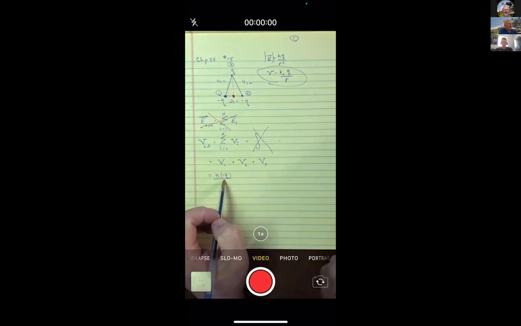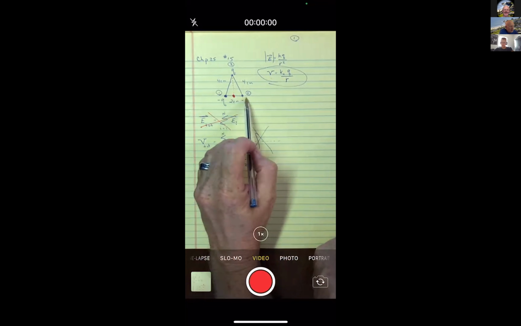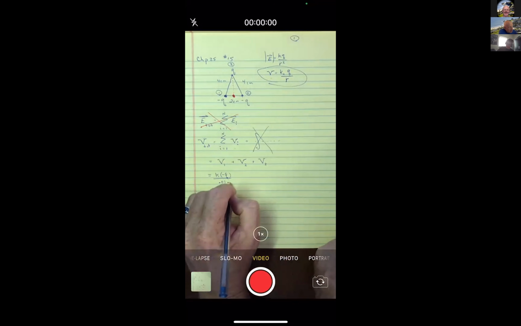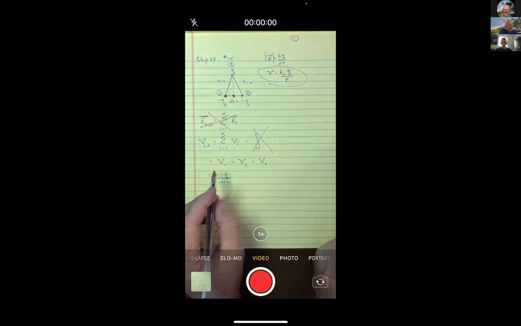But we're told in the problem that Q is 7 microcoulombs. And the distance away, at the midpoint on the base, would be 1 centimeter. So let me use 0.01 in meters, because Coulomb's constant is in base units, meters and coulombs.